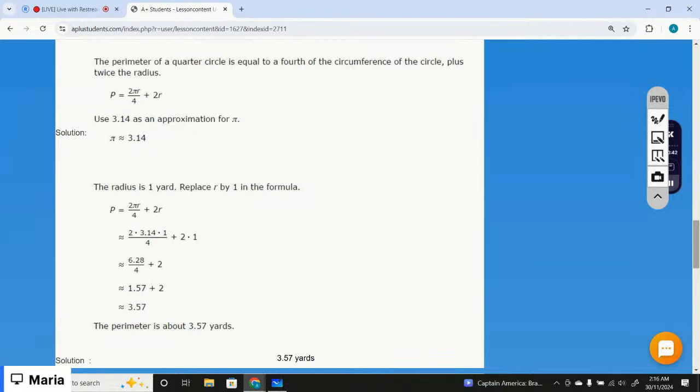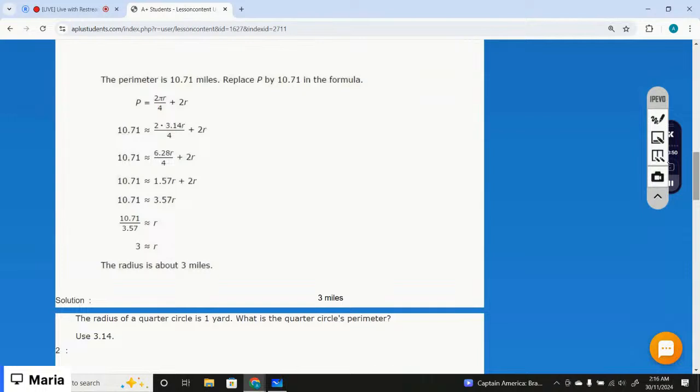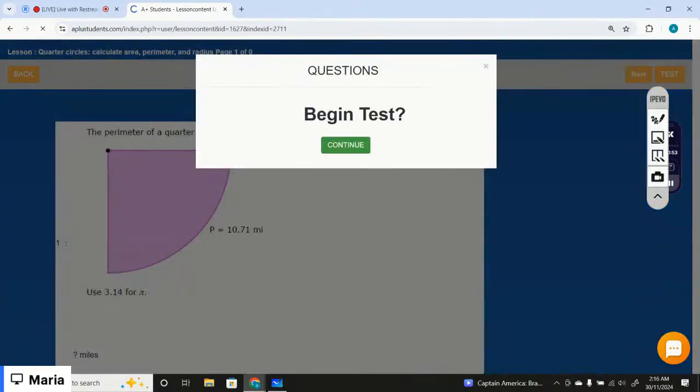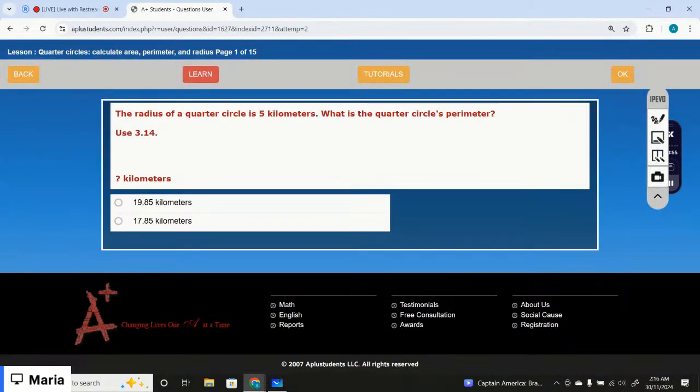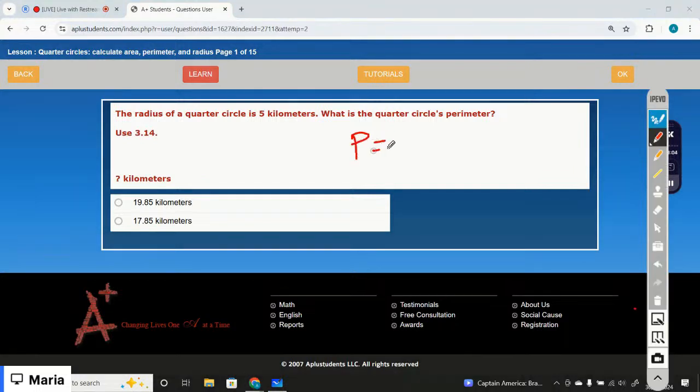Let's just start with the test questions. The radius of the quarter circle is 5 kilometers. What is the quarter circle's perimeter? The formula to calculate the perimeter is P equals 2 pi r divided by 4 plus 2r, right? You are given the radius, that is 5.